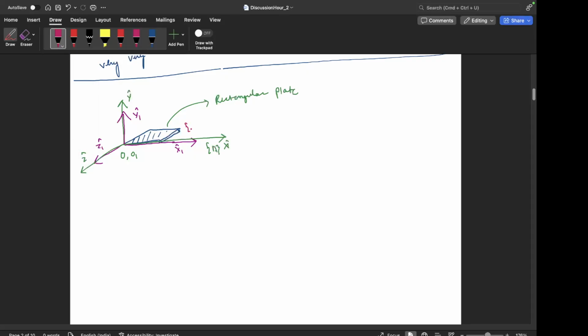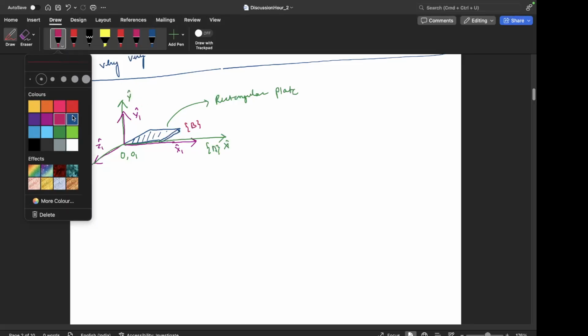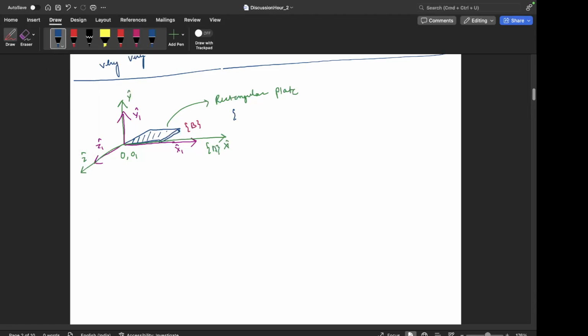Right, so frame B is attached to the plate, and frame A is the world or the global or what we call the inertial frame.